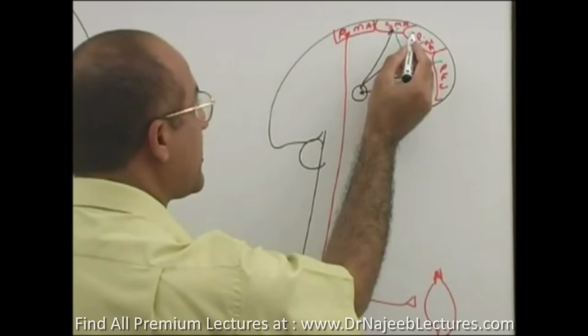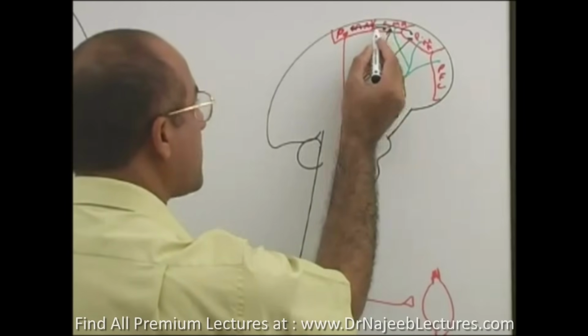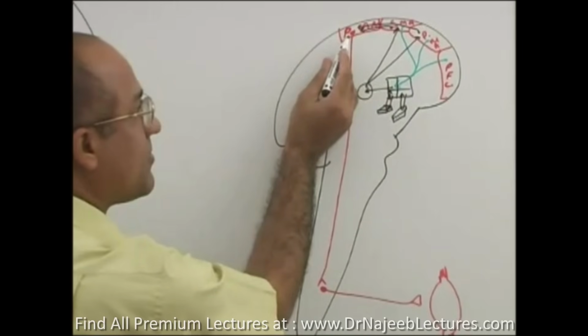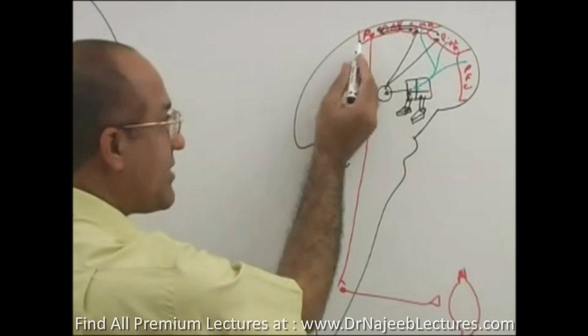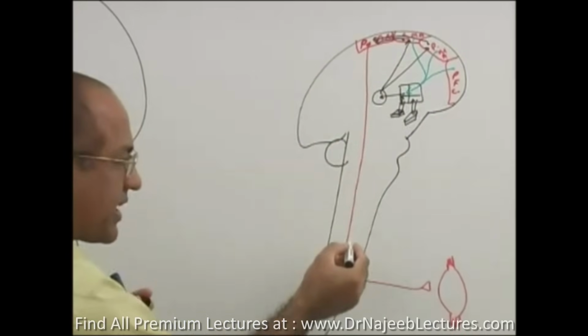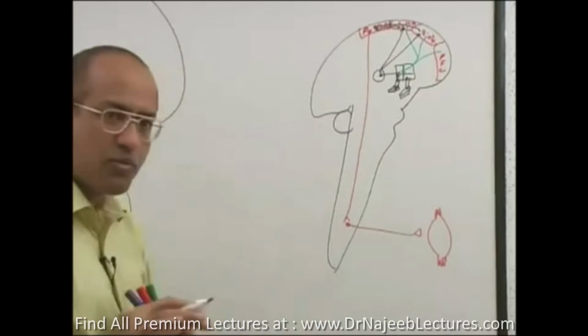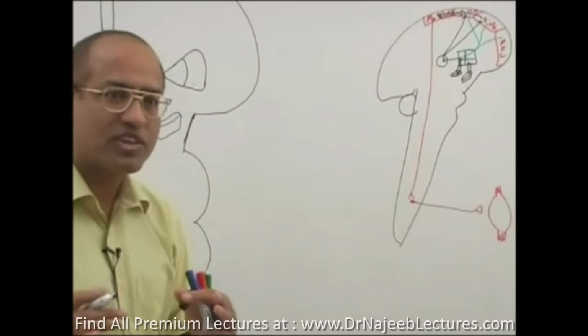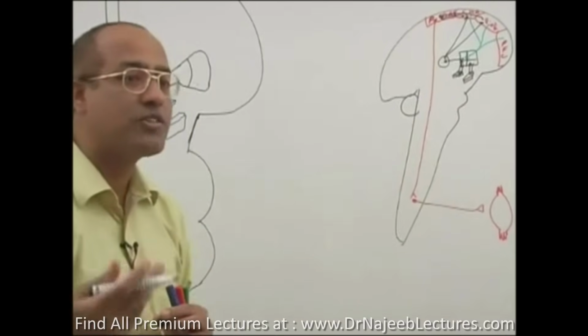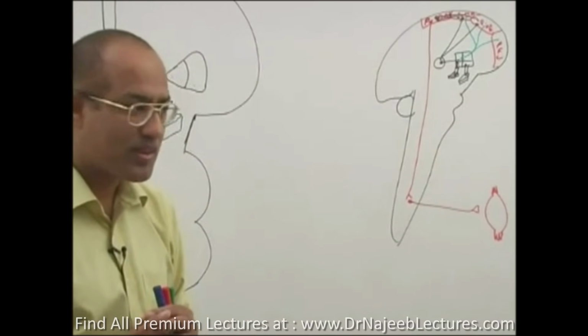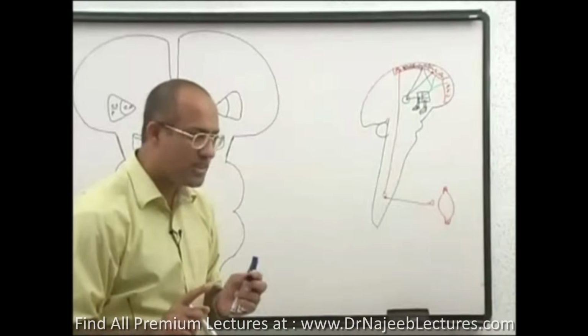From here, final refinements are done and information goes to, what is this? Primary motor cortex. Then primary motor cortex will start firing and stimulating the lower motor neurons, which will fire in such a pattern and move the muscles in such a pattern that the desired movement is produced. Am I clear? No problem in this?